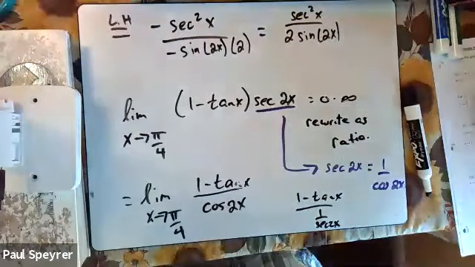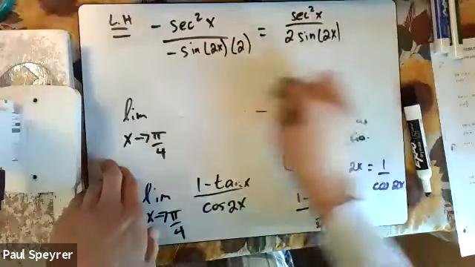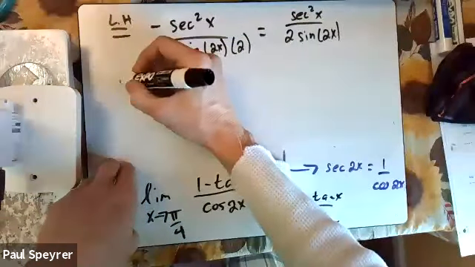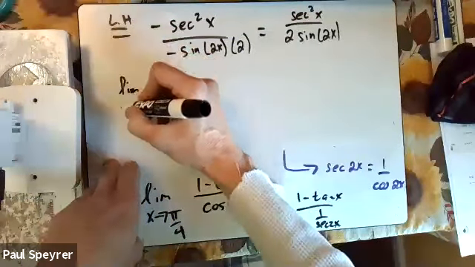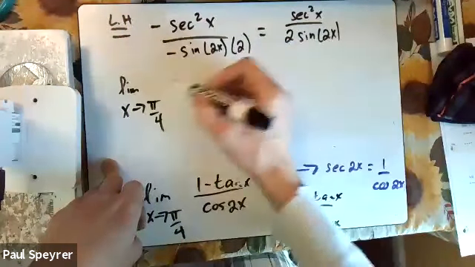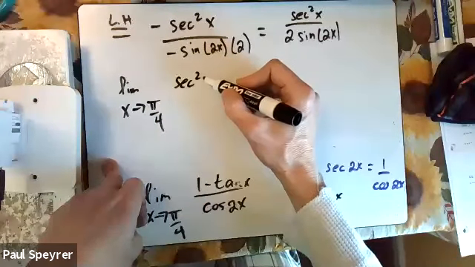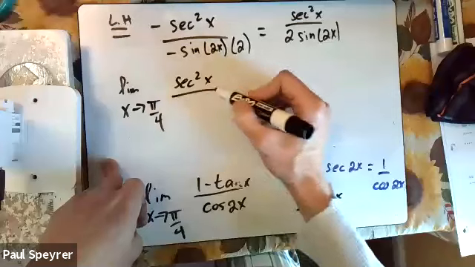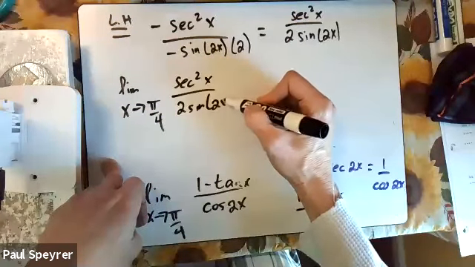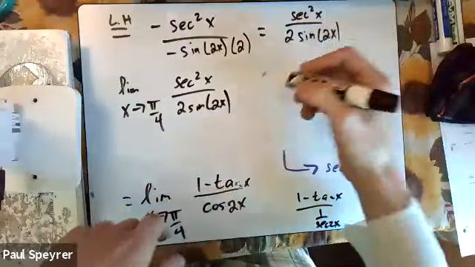Now, if we plug in, so remember, we're trying to take this limit as x approaches pi over 4 of this expression right here. Are we going to get 0 over 0 or something? Let's see what happens, right?